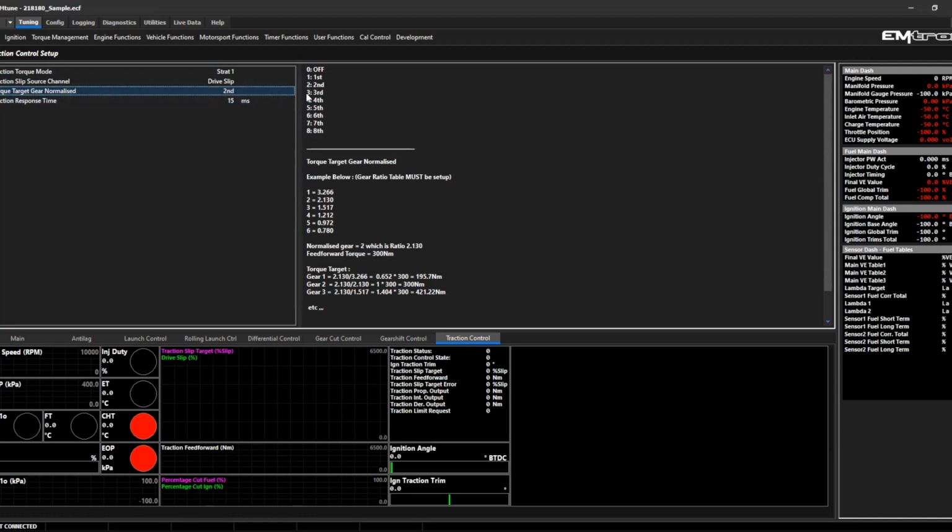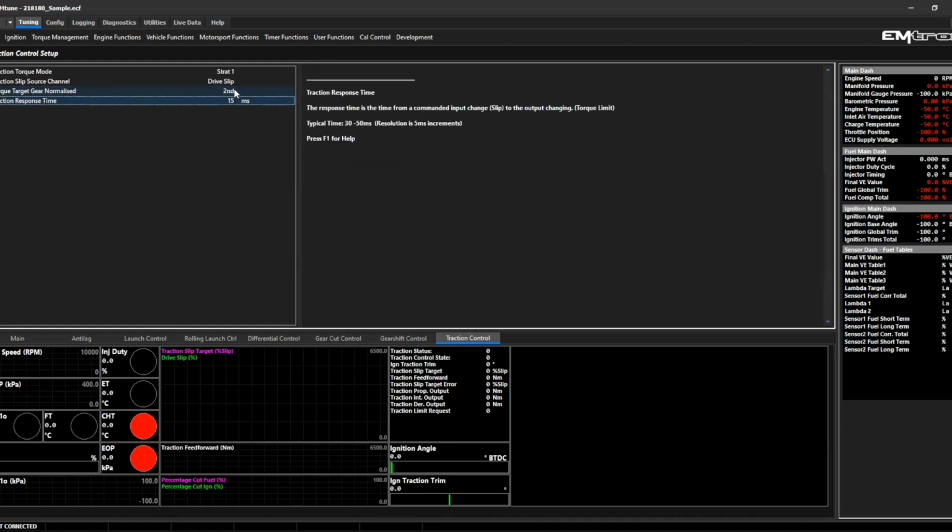So the best idea would be to choose a gear that's more suitable to calibrating, in this case, second gear. Obviously you want to have enough torque to the wheels to generate wheel slip. I would try to use a higher gear if possible, but to normalize your torque around. But whatever's suitable to the user.